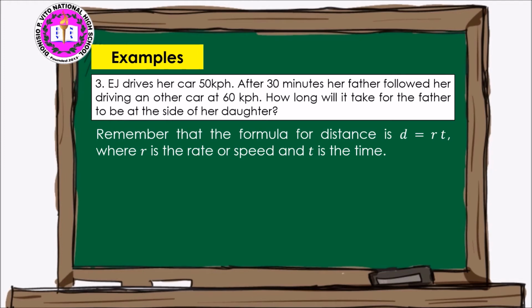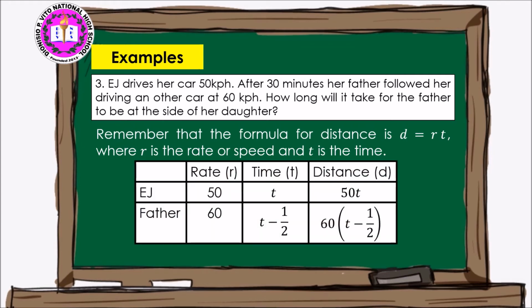So using the tabular form, we get the rate of AJ, which is 50 kilometers per hour, and the rate of her father is 60 kilometers per hour. And the time is represented as t for AJ, and for her father is t minus 1/2. Therefore, their distance for AJ is 50 times t, equal to 50t, and for her father is 60 times t minus 1/2. Note, 30 minutes is 1/2 hour.